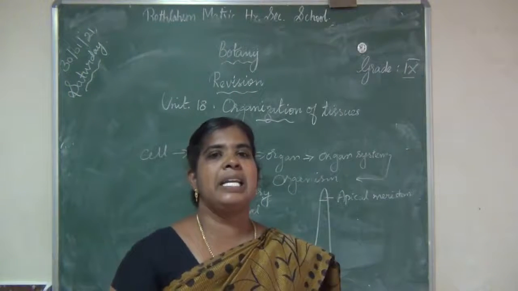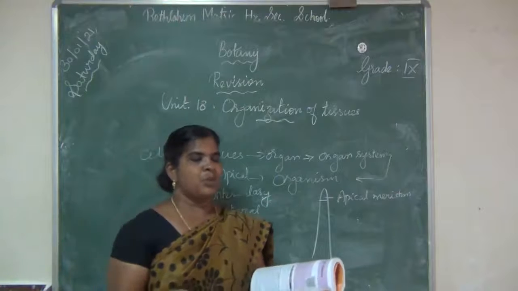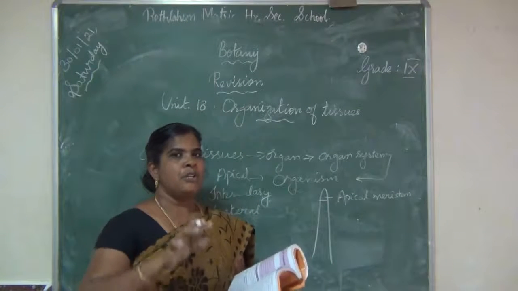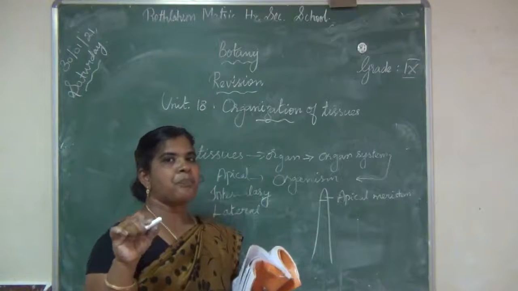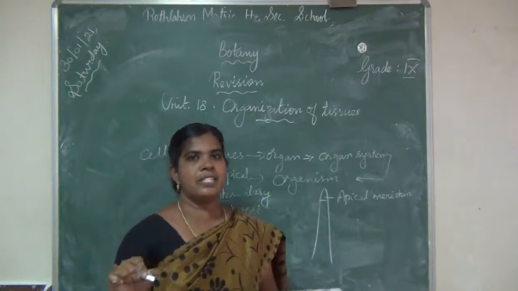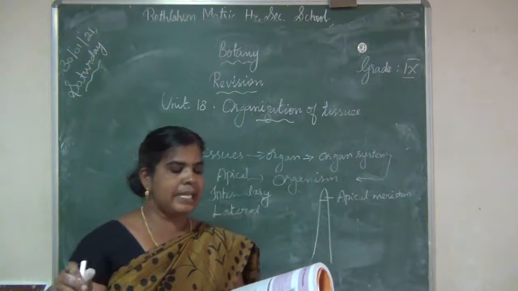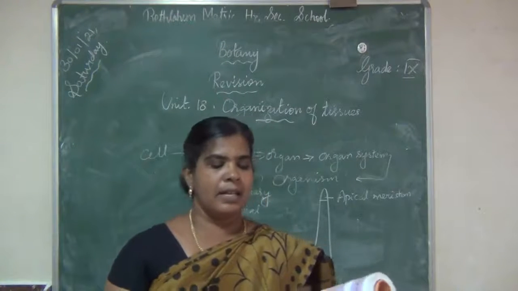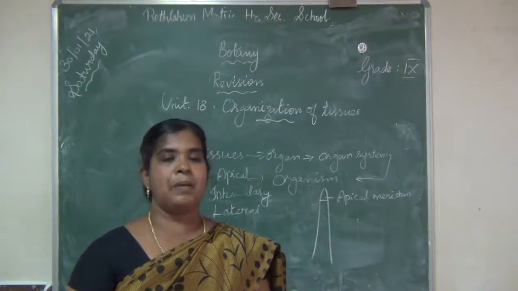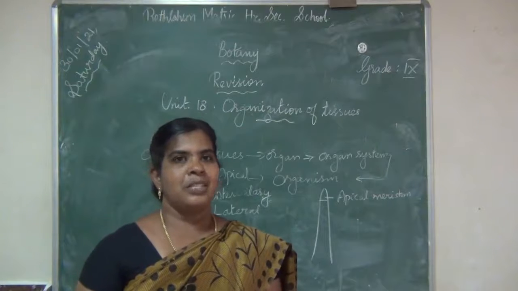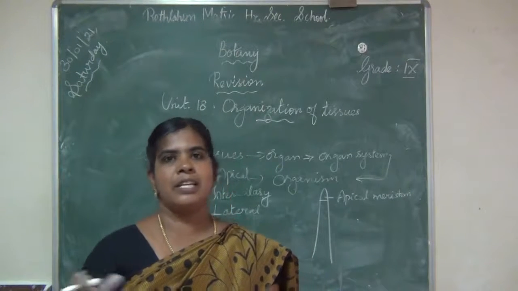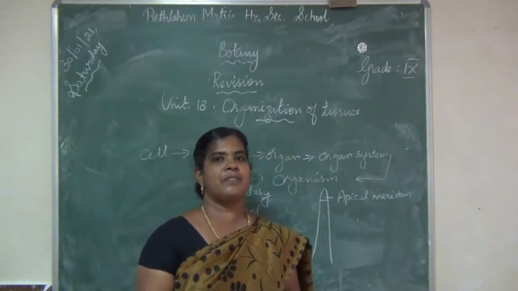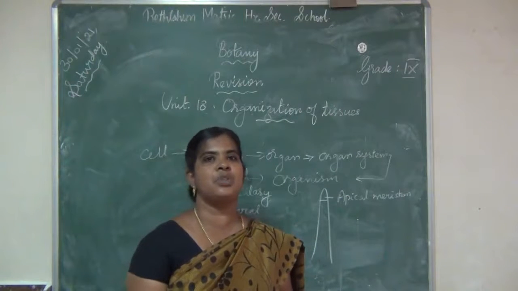Next is about intercalary meristem. I already told you, if they ask the types of meristem, you must write the location and function. So the second one is intercalary meristem. It lies in between the regions of permanent tissues. Next class we can revise the permanent tissues.